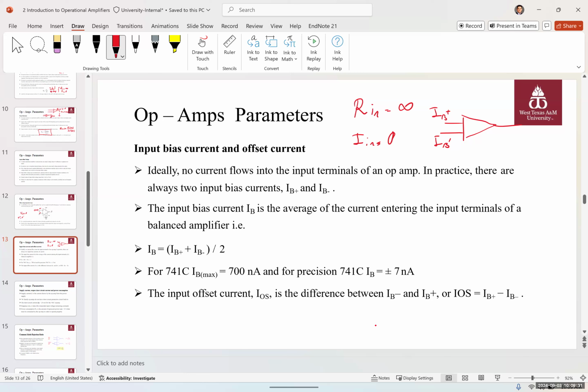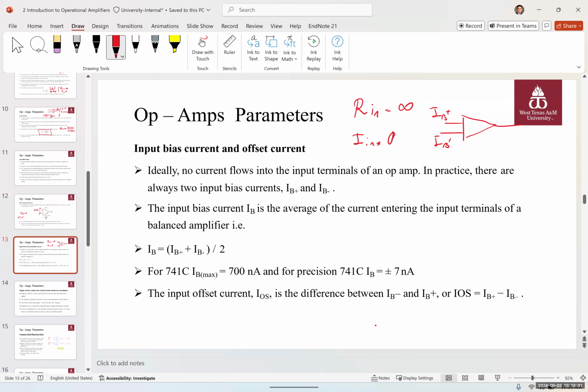The input offset current IOS is the difference between IB negative and IB positive, the average difference. The offset current is not a big deal. Offset voltage is usually more problematic. So we don't usually care about it, because the current is so low that we don't even care about that.